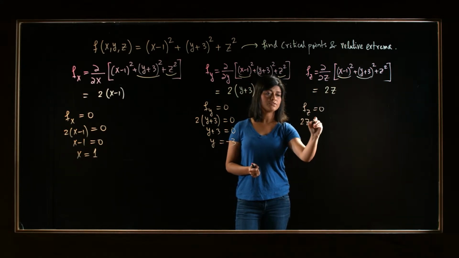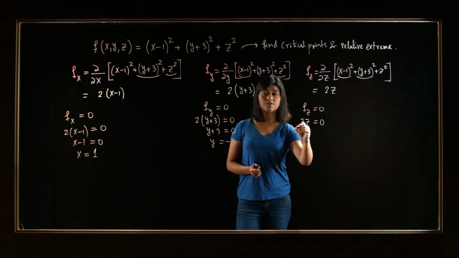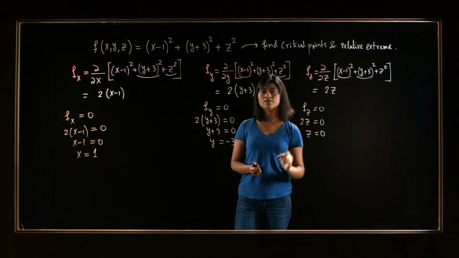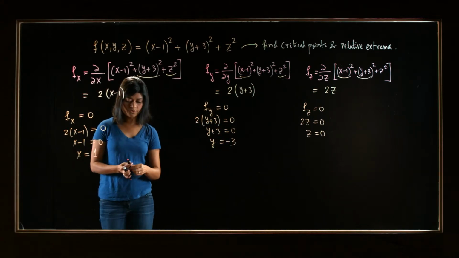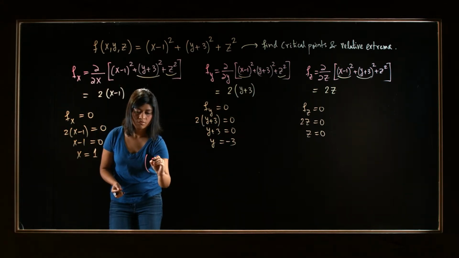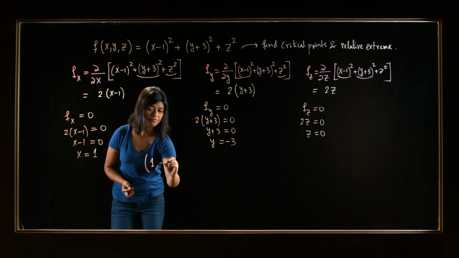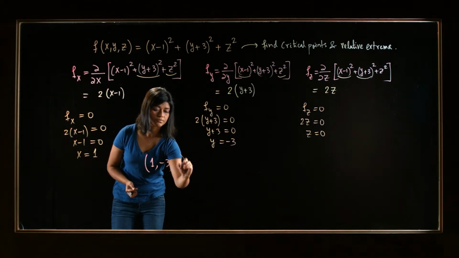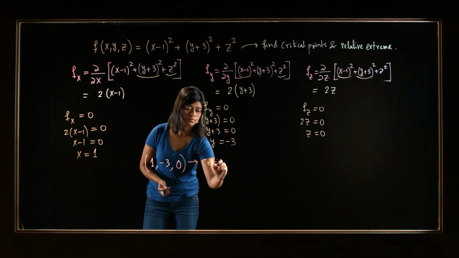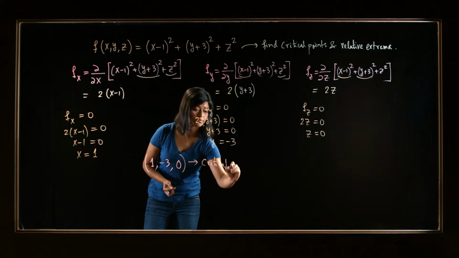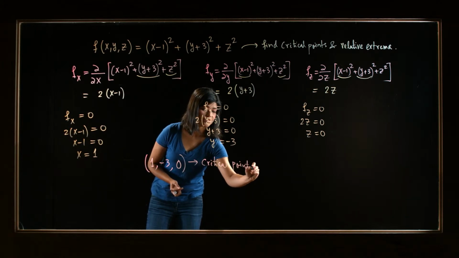So 2z is 0, and divide both sides by 2, you get z is 0 as well. So we have a point, and the point is (1, negative 3, 0), and that is the critical number or critical point of this function.